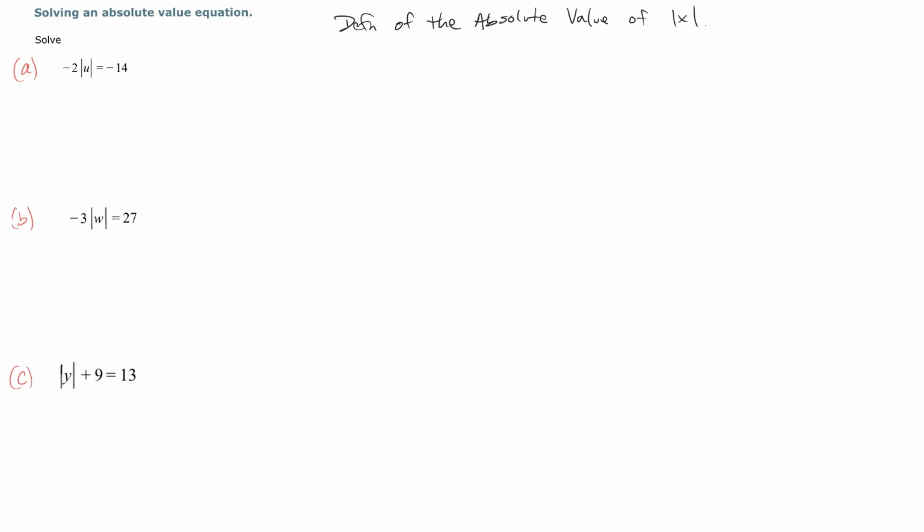A lot of times, computer scientists write case-by-case logic. Case 1. If x is greater than or equal to 0, then the symbols called absolute value of x is simply equal to x.